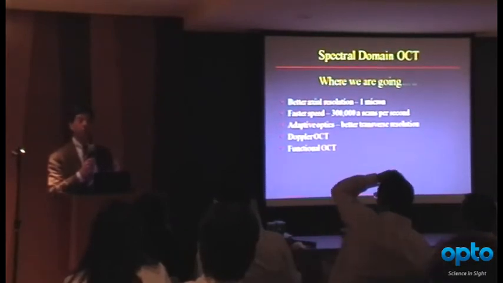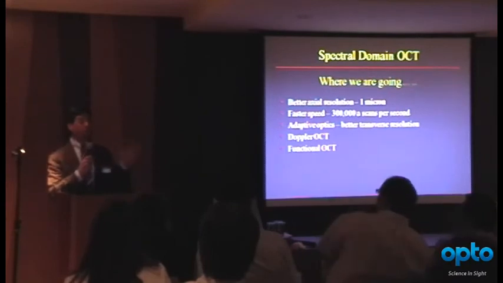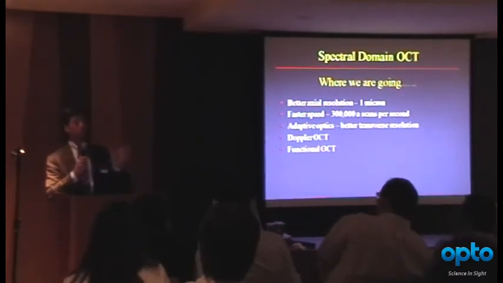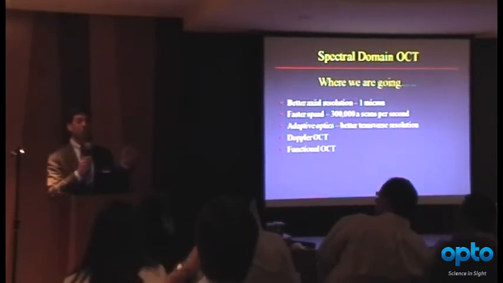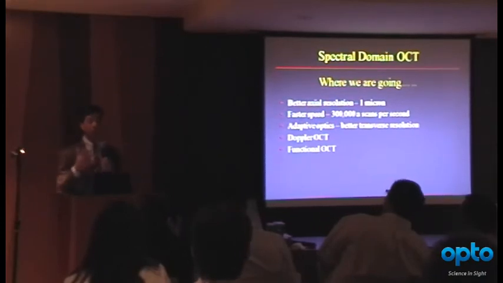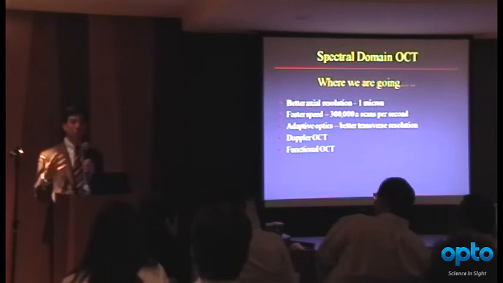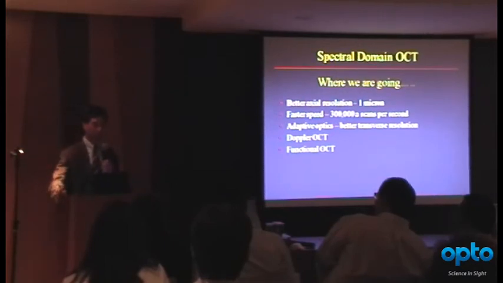Like you can do Doppler by just taking multiple volume scans over and over in the same place. And the only difference that you'll see in the scans is the moving blood vessels through the capillaries. So you can get Doppler imaging without truly doing Doppler, just by doing it very rapidly.